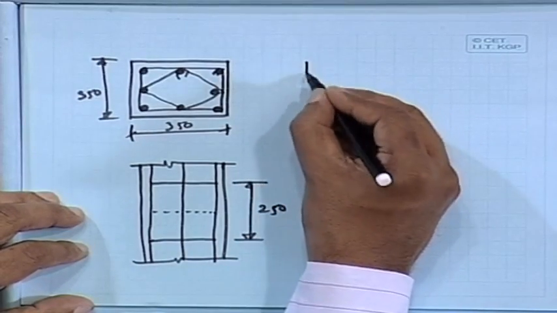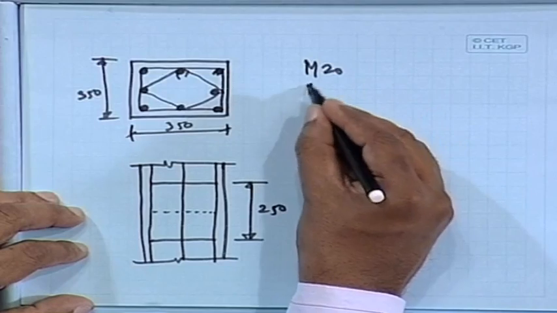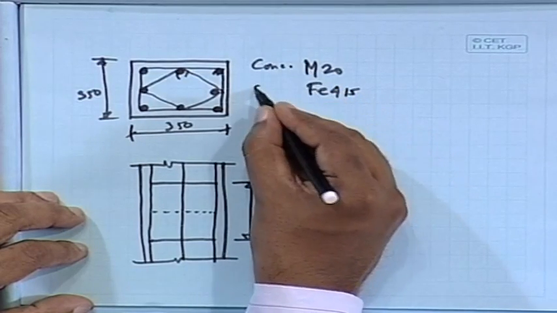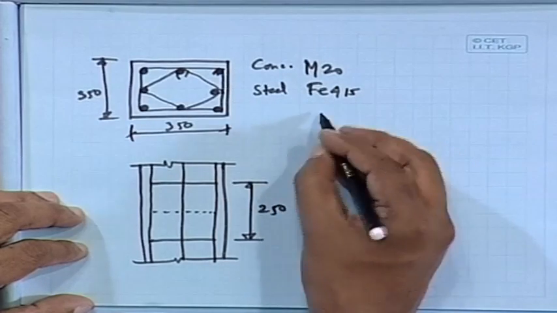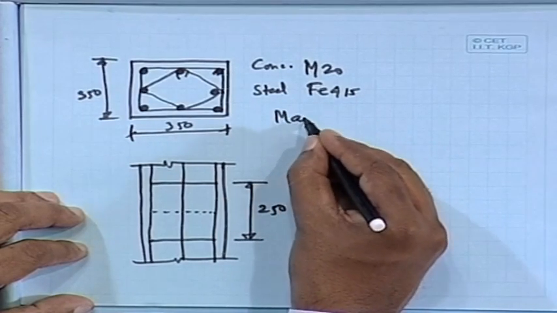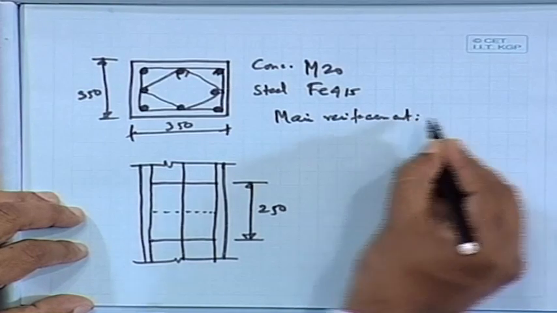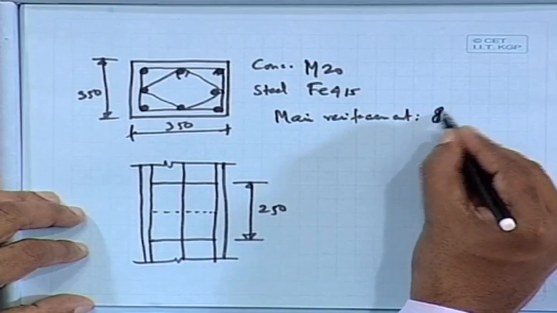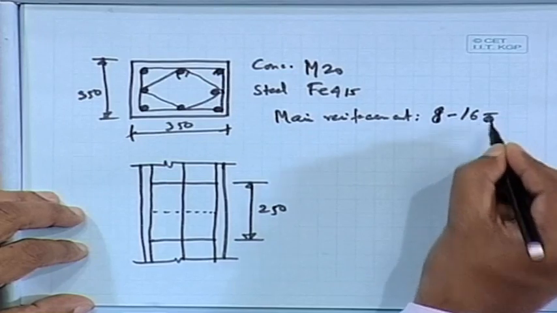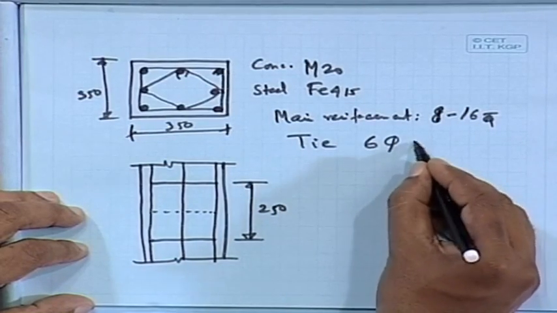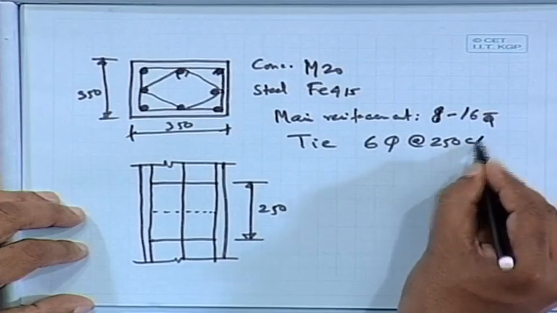So, we are getting M20 Fe 415 steel, and you should write down clearly: main reinforcement eight 16 torque, tie 6 at the rate of 250 center to center.